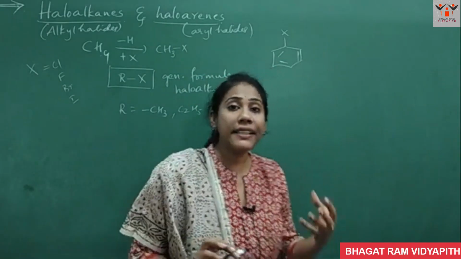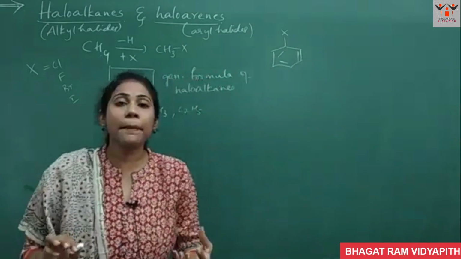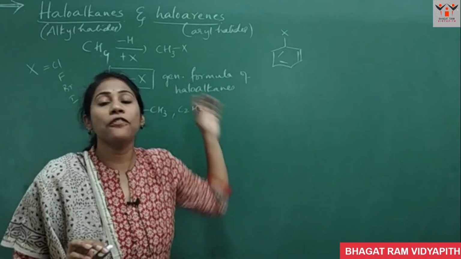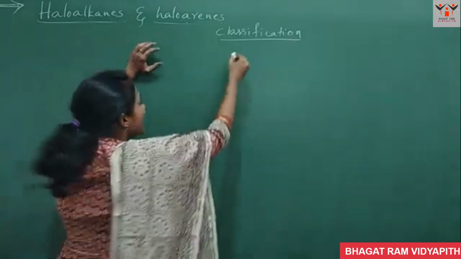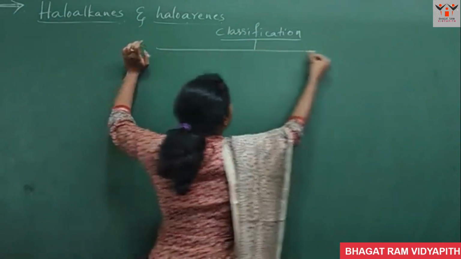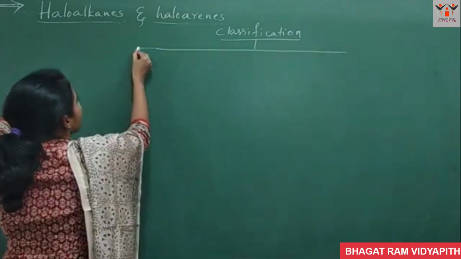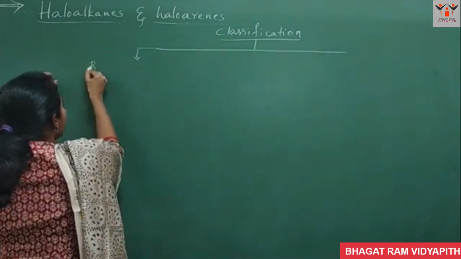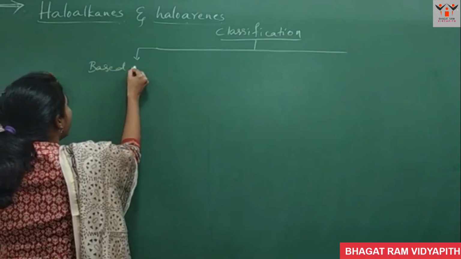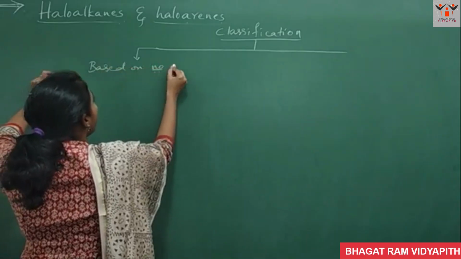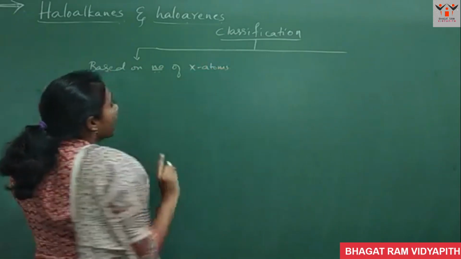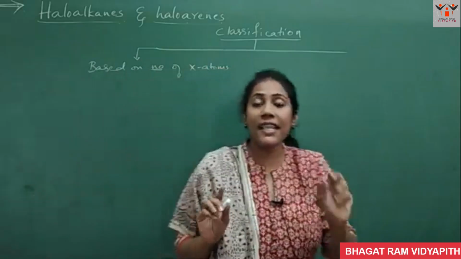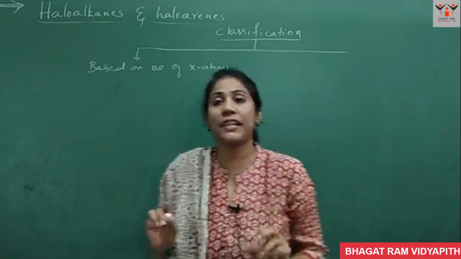And now let us understand everything about the classification of haloalkanes. See, haloalkanes are majorly classified based on two factors. The first one is based on the number of X atoms present in a molecule. Definitely haloalkanes have X atoms, halogen atoms.